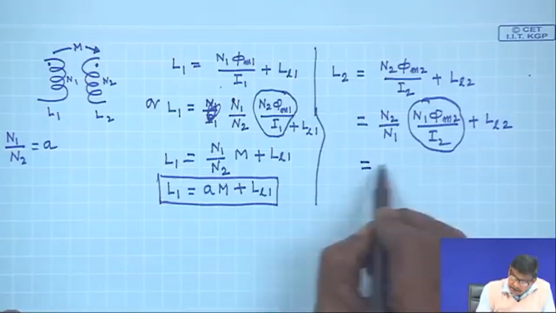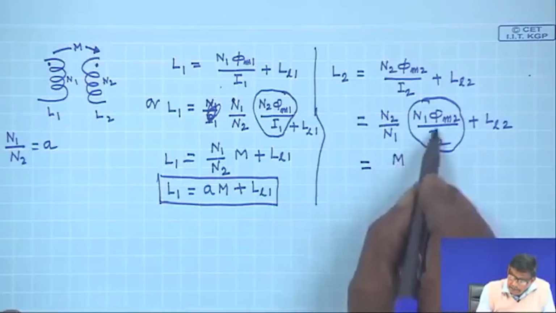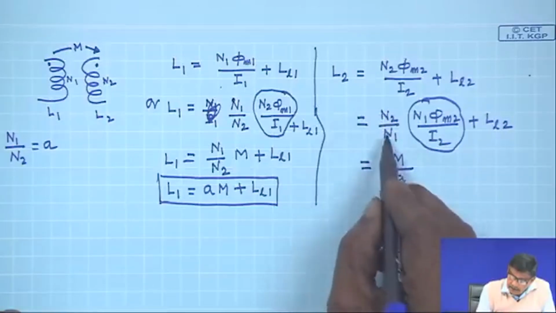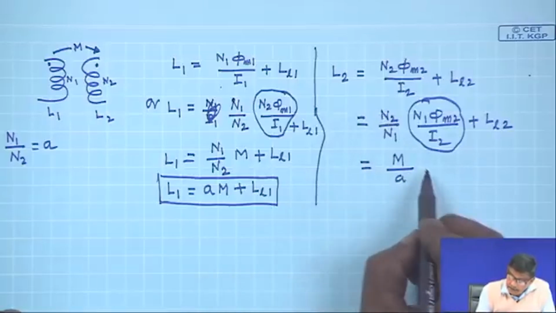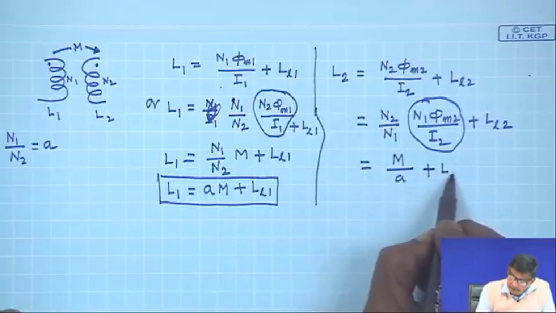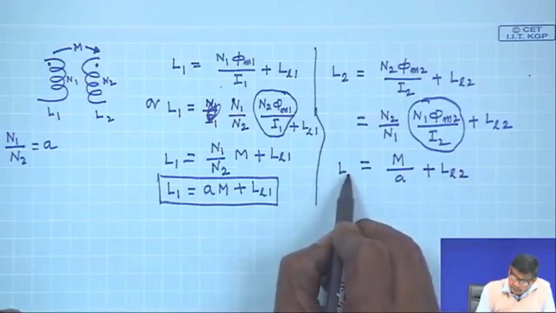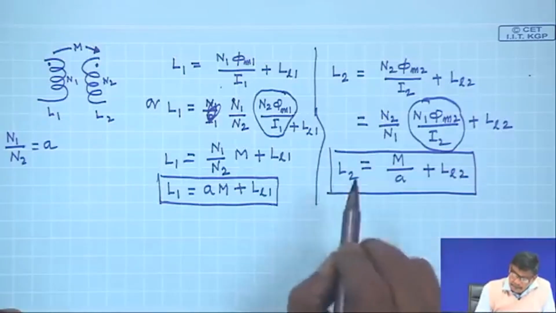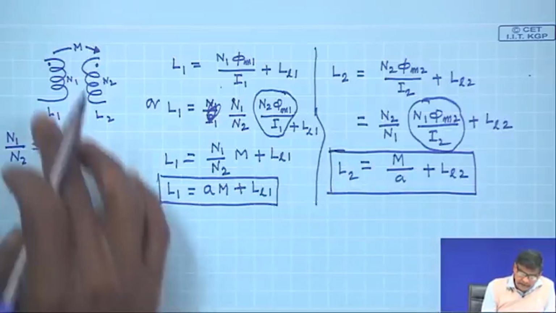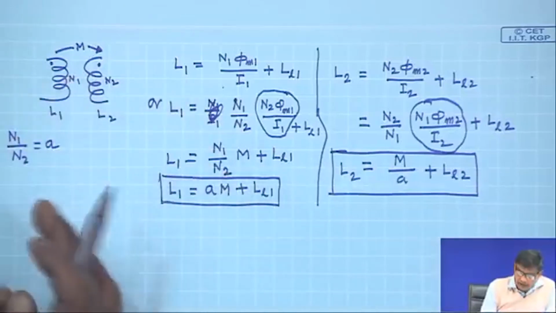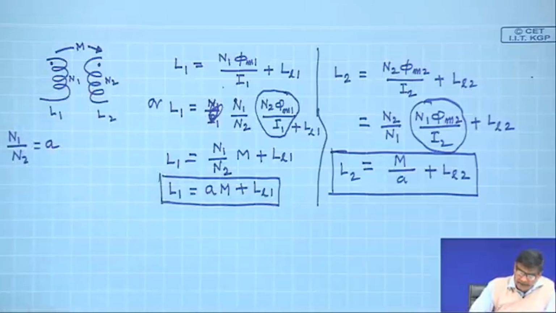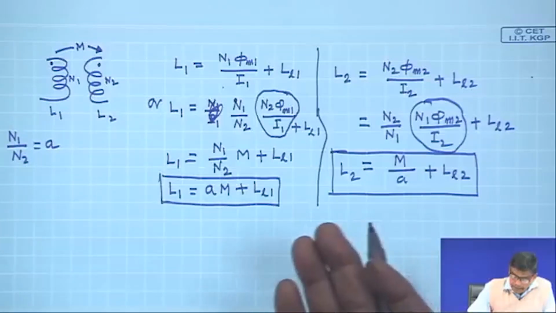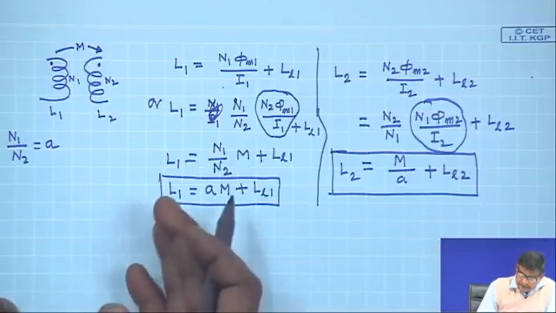So, this can be written as M by a, where N1 by N2 is a, so 1 by a is N2 by N1, plus L_l2. Mind you, I1 and I2 are the currents considered, I consider DC current, one excited at one time, but in any case this is the thing.